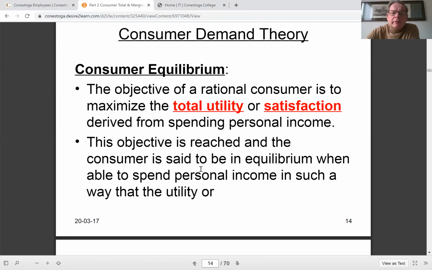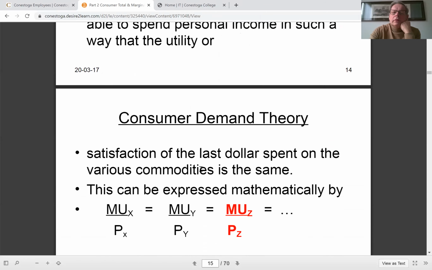Consumer equilibrium. The object of a rational consumer is to maximize the total utility or satisfaction that we get from spending our personal disposable income. This objective is reached, and the consumer is said to be in equilibrium, when able to spend personal income in such a way that the utility or satisfaction of the last dollar spent on the various commodities is the same.